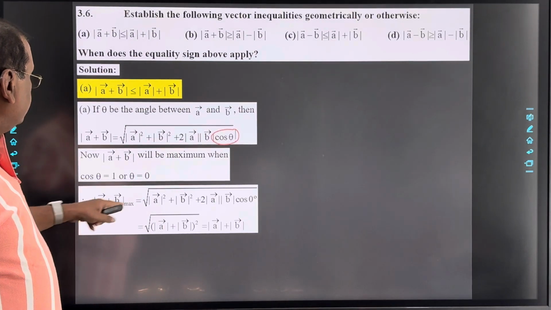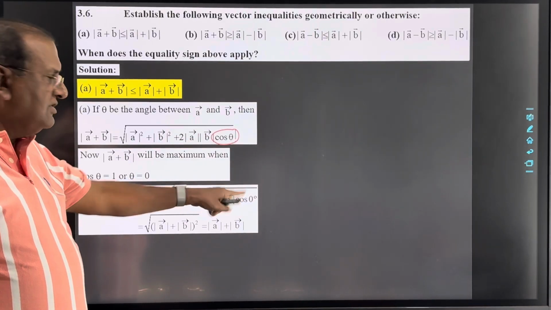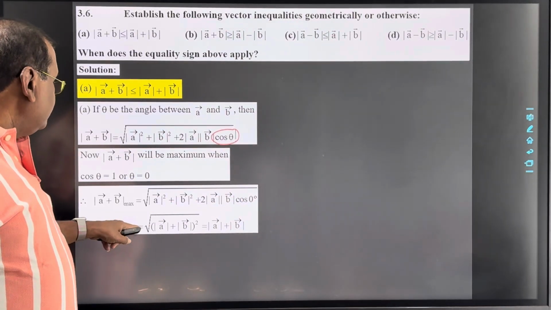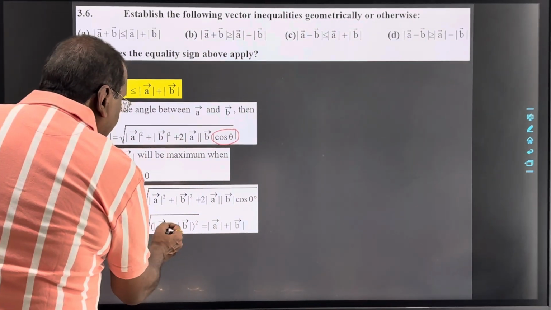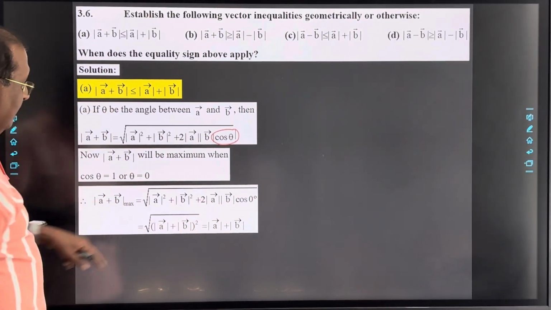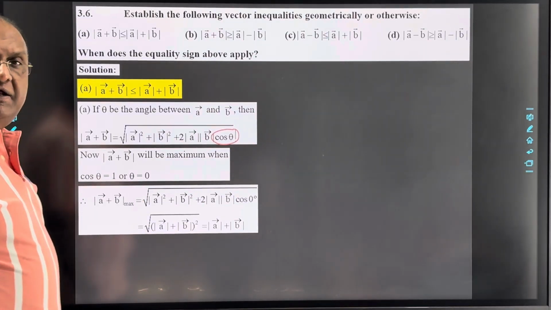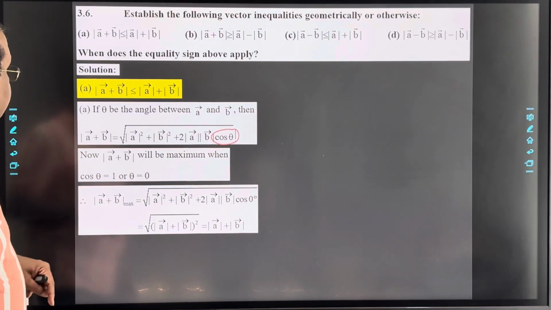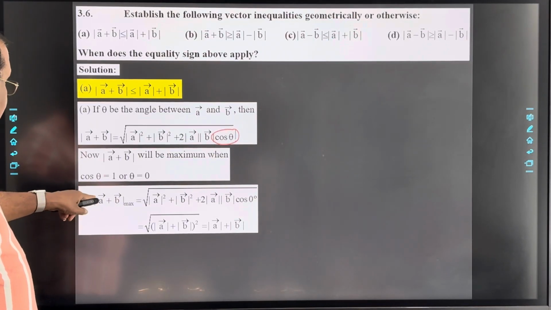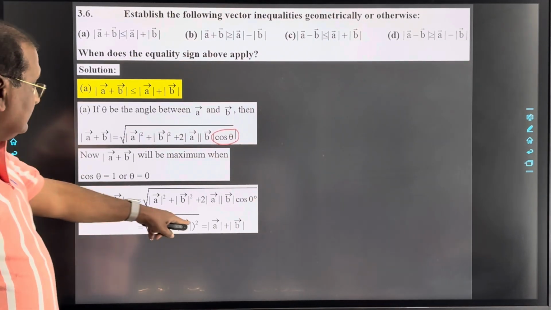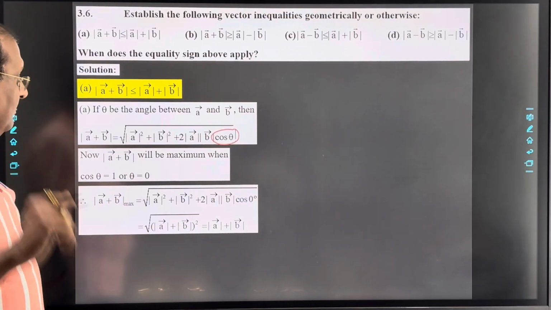So here, if we take cos theta equal to 1, then we can write magnitude a plus b is equal to under root a square plus b square plus 2ab cos 0, which is 1. So that is under root of magnitude a plus b whole square, which is equal to magnitude a plus magnitude b. Now see, the maximum possible value of magnitude a plus b is equal to magnitude a plus magnitude b.